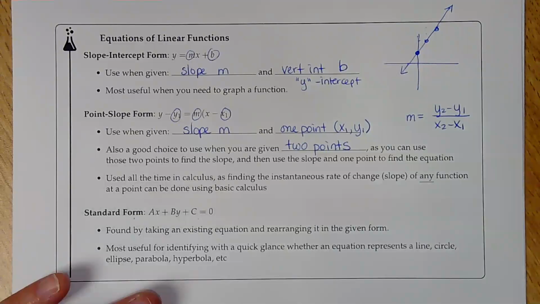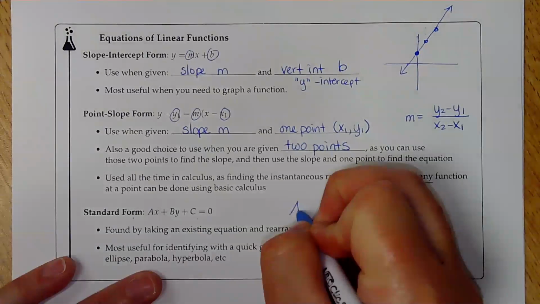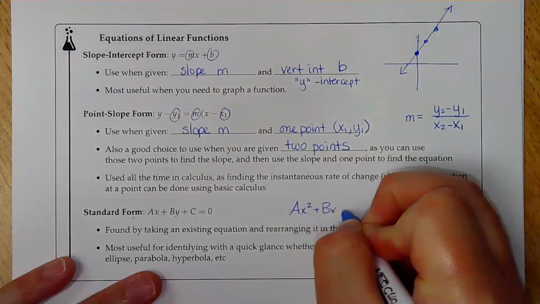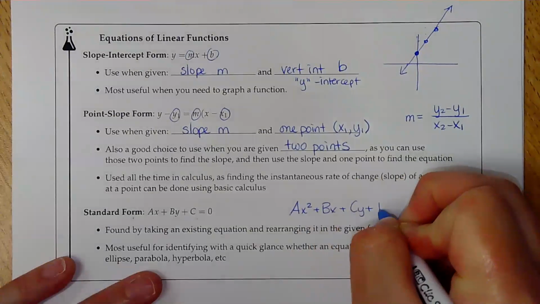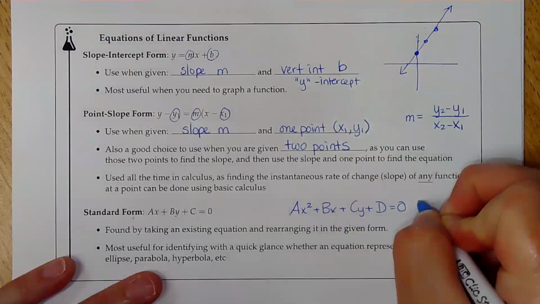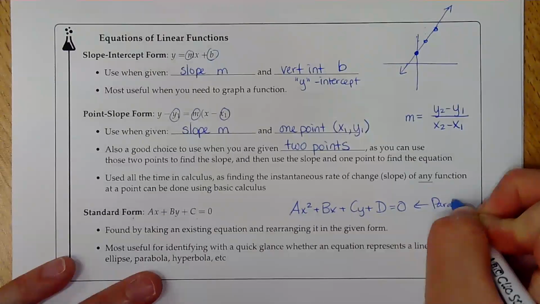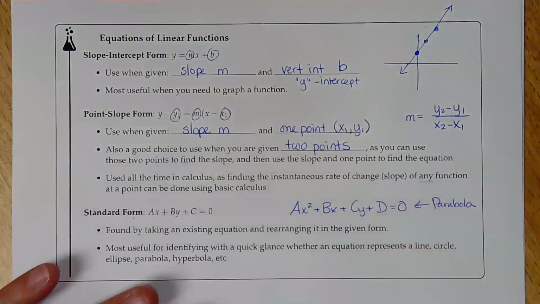A parabola would be ax squared plus bx plus cy plus d is equal to 0. That gives you a parabola. And so if you know the standard forms, you could just look at it and say, oh, that's going to be a line, that's going to be a circle, that's going to be an ellipse. So that's mostly what I find the standard form to be useful for.